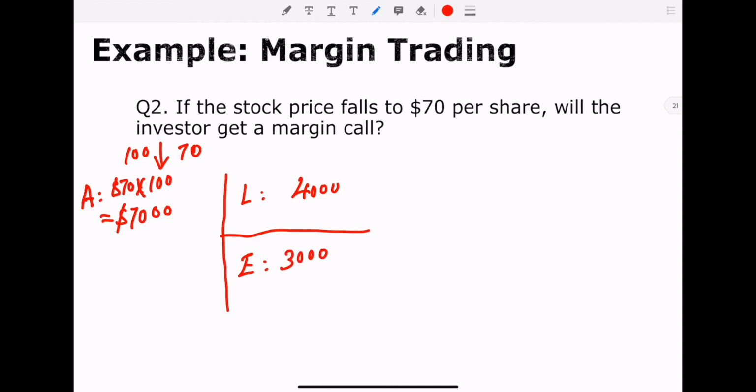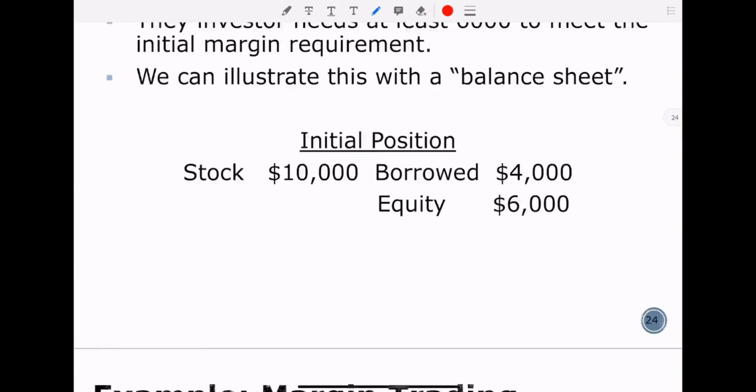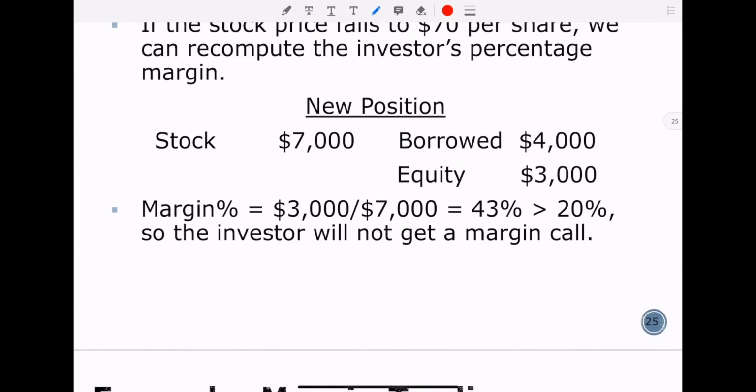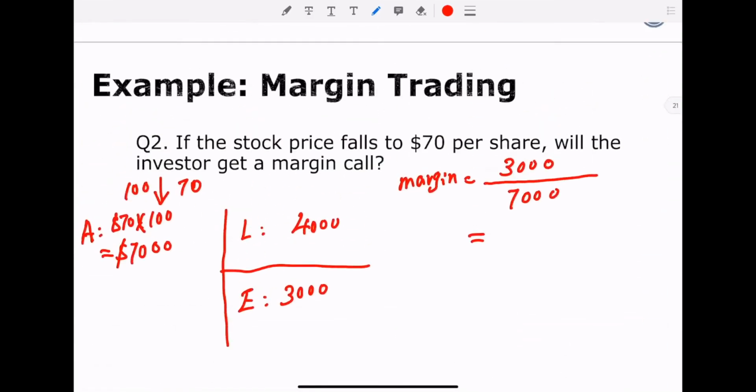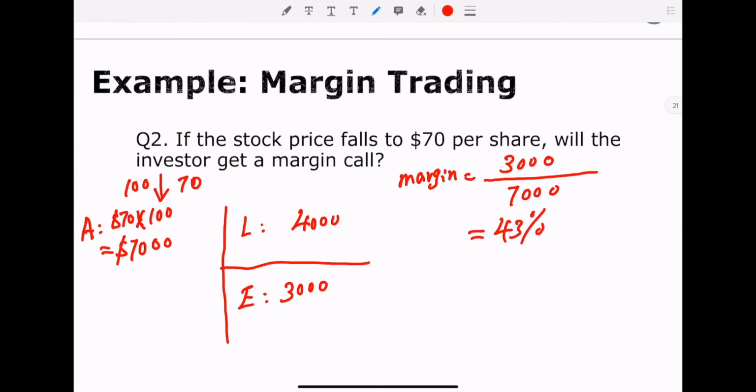So in this case, let's calculate your percentage margin. Here margin equals $3,000 divided by the value of your stock, so it's 7,000. Okay, let me see what's the answer here. It's 43%.